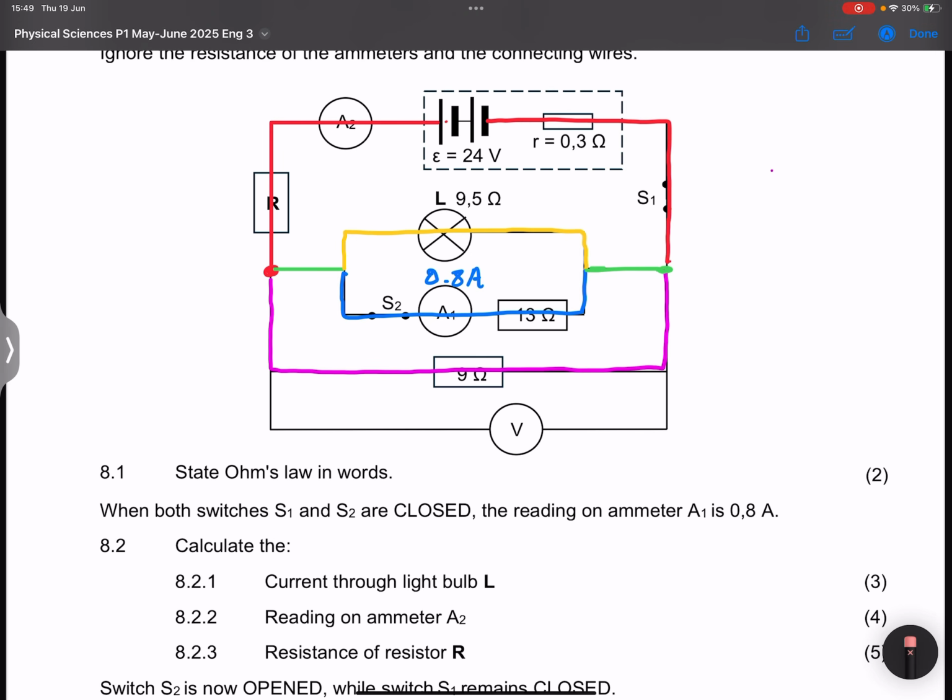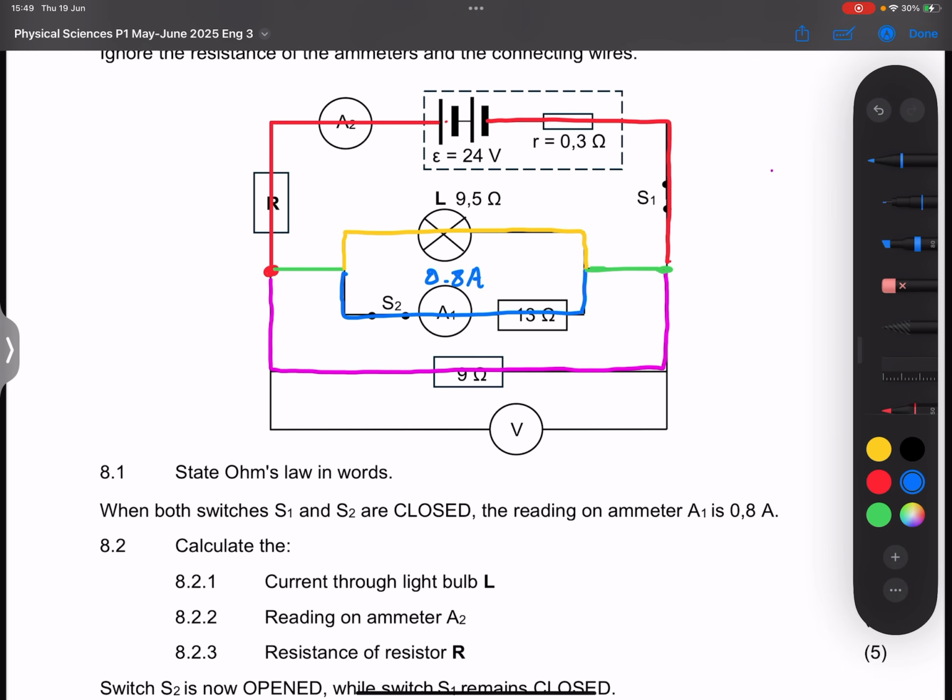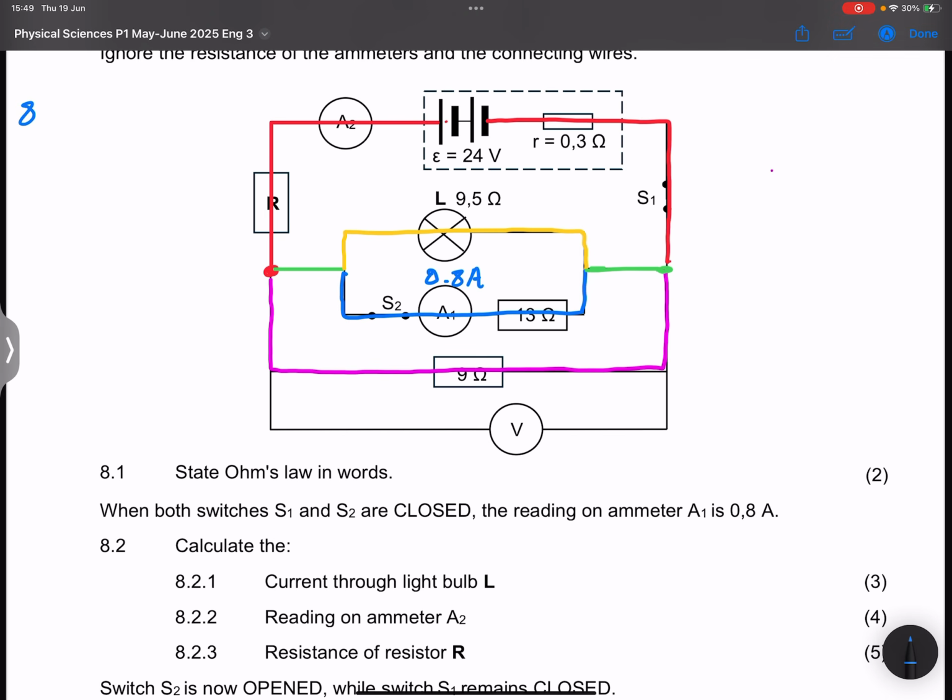So for 8.2.1, firstly, I'm going to find the voltage across my parallel resistors. Which current do I have? I've got the blue current. Let's call this current I1, let's call this current I2, and let's call this current I3.